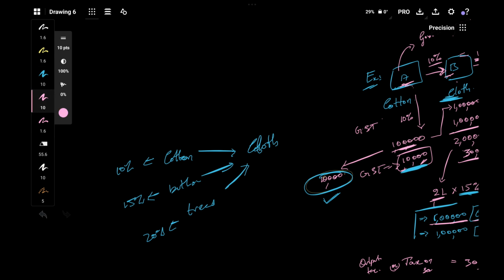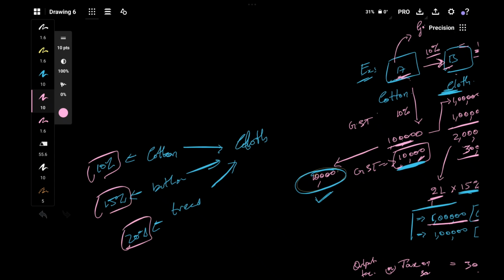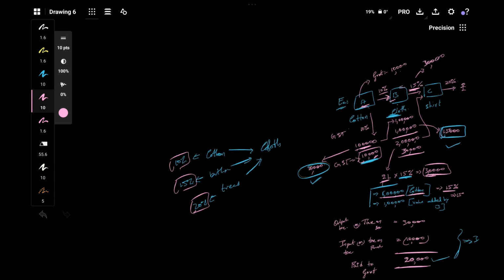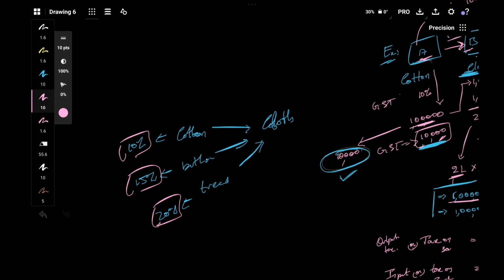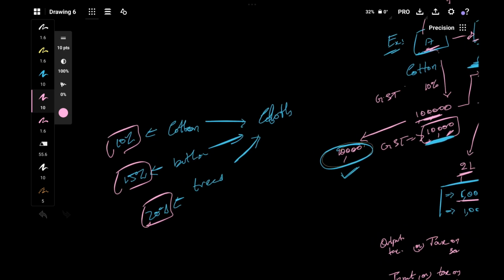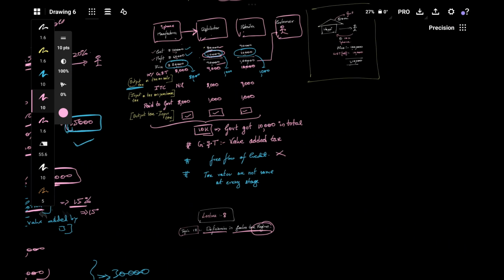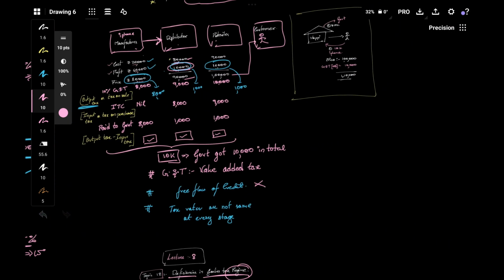So there may be different taxes on different things, so it won't be possible to directly tax value addition. If they do it like this, government will get less tax, and it won't be viable for the government to opt for that. So that's the reason why government is choosing this. They say it is value addition, but I think it's not actual value addition, but yeah, that's how it works.